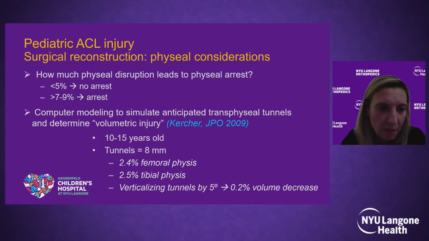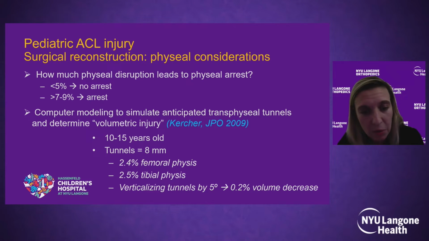This study made 8 millimeter tunnels in the MRIs of kids 10 to 15 years old and found that less than 5%, in fact, less than 3%, as you can see here, of both femoral and tibial physes were violated. They also found that verticalizing the tunnels by 5 degrees led to a decrease in volumetric injury.